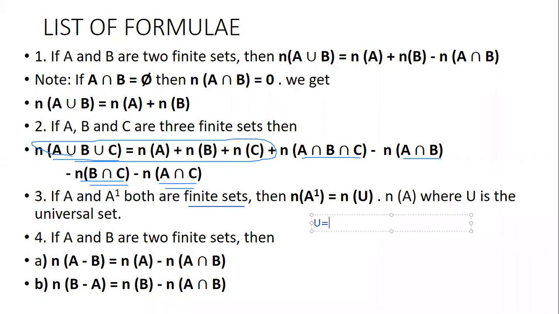U is equal to A, B, C, D, E, F, G, H. A is equal to A, C, E, G. Correct? Now what was A complement which we found out?